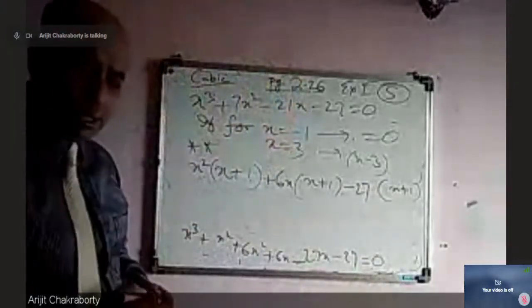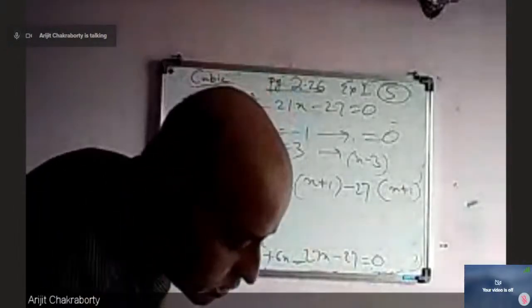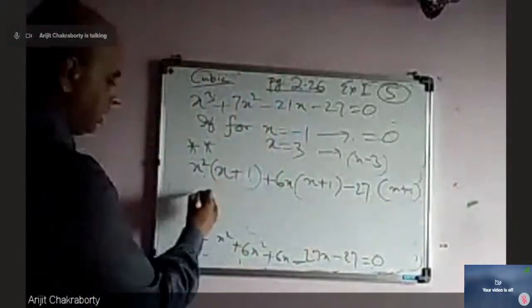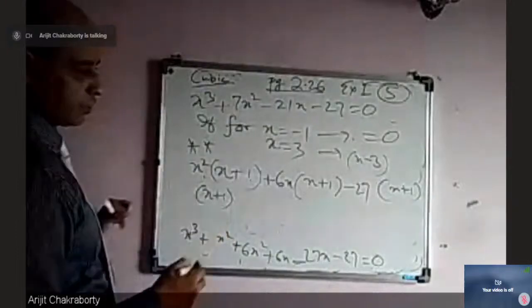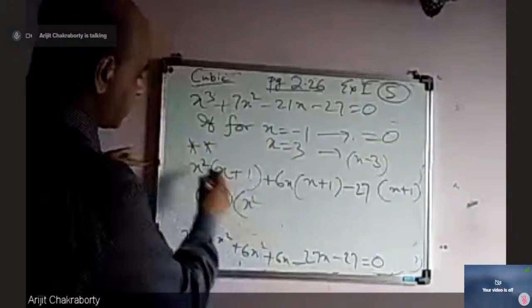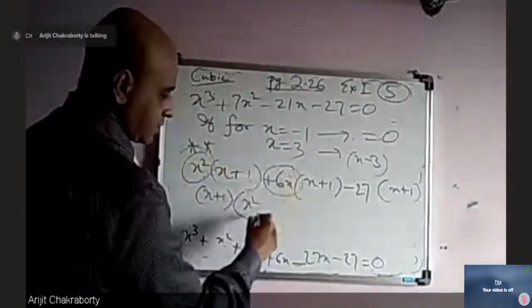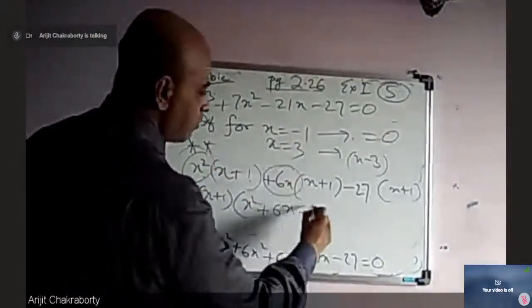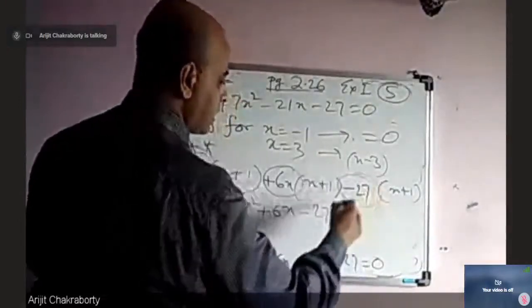So the factors become x plus 1, which is common, and you get x square plus 6x minus 27.